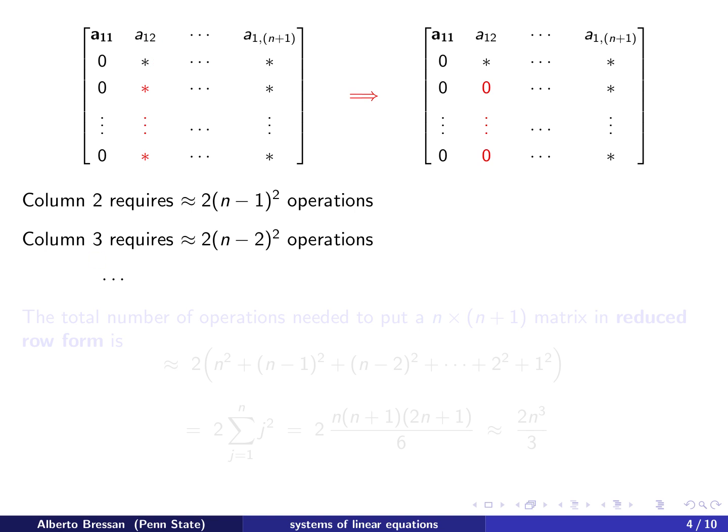And then for column 3, it will be approximately 2 times n minus 2 square operations. You probably see the pattern as you go further down: the number of operations will be 2 times n minus a further bigger number, like n minus 3 square, n minus 4 square, and so on and so forth.